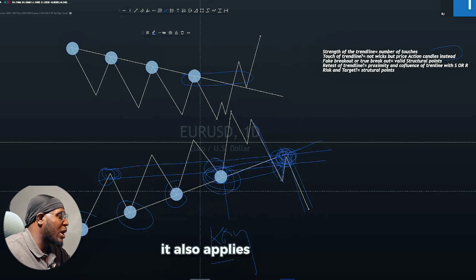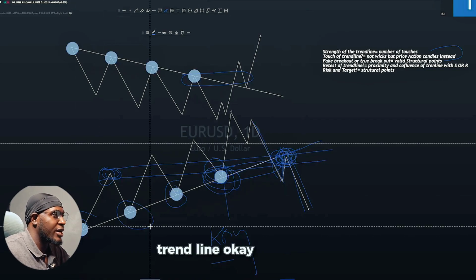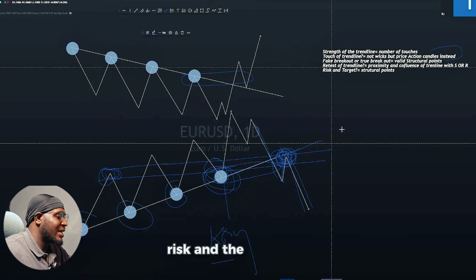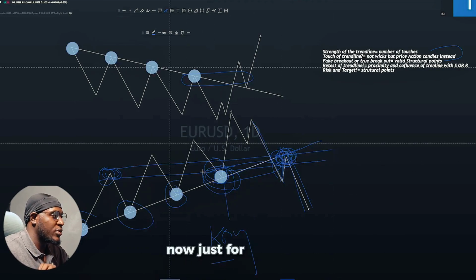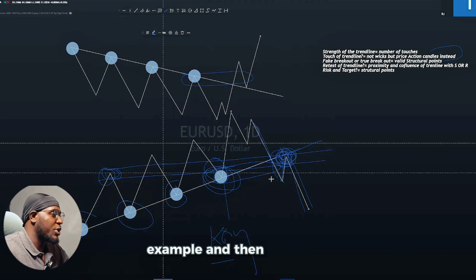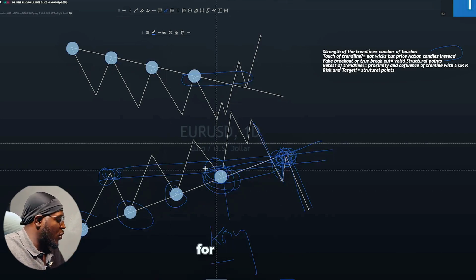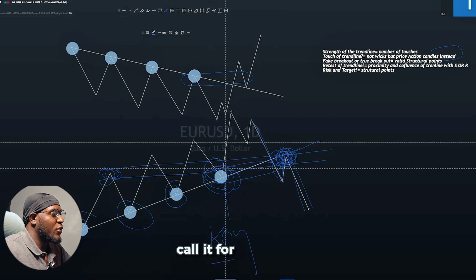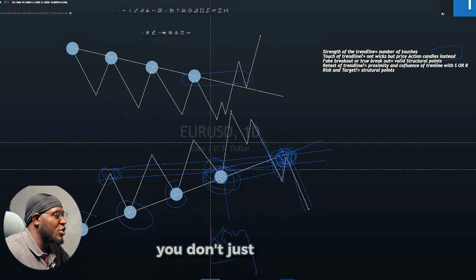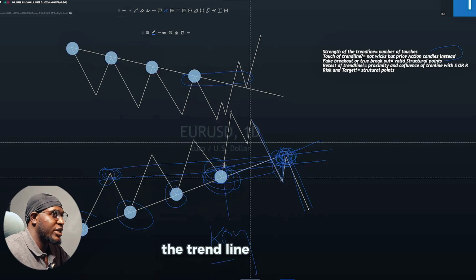Similarly, it also applies to taking a trade off the trend line. Okay, so for the risk and the target, I'm using this line chart now just for a clear example, and then we head to the charts. Okay, for the bounce of the trend line, you don't just want to take a bounce off the trend line.